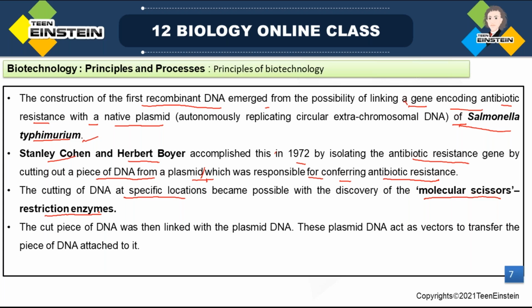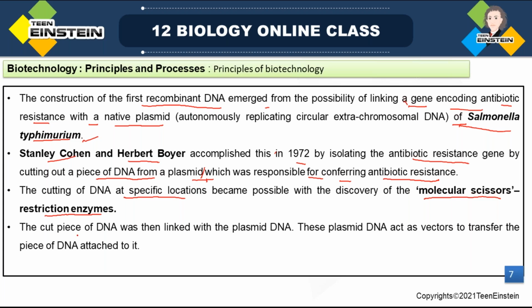So which enzyme is called molecular scissors? Restriction enzymes. With the help of these molecular scissors, or restriction enzymes, the cutting of DNA at specific sites or locations became possible.